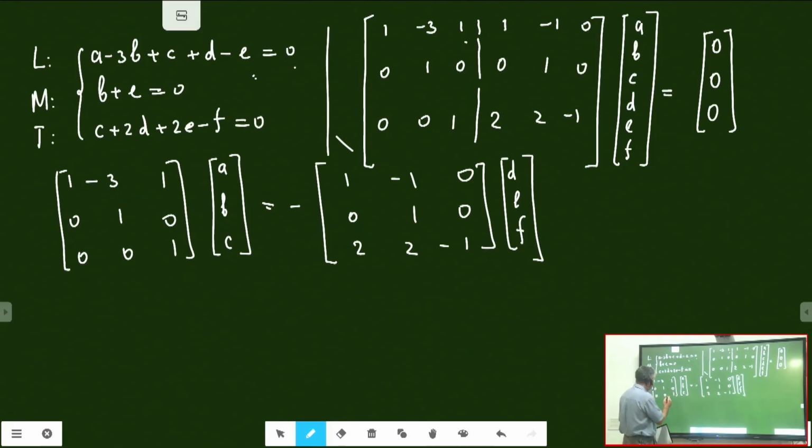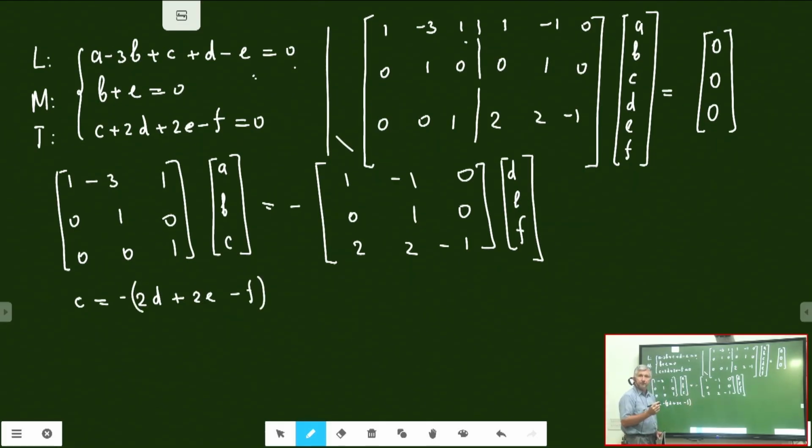You just say that, let's say, I start from the back. C is equal to, and you just multiply by, and you will see that it will be multiplied by 2D plus 2 multiplied by E, right? So this times that, minus F, and there is a minus in front of it.